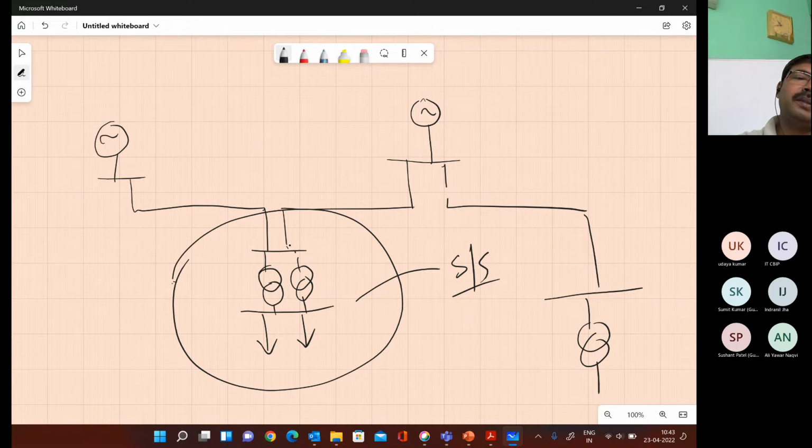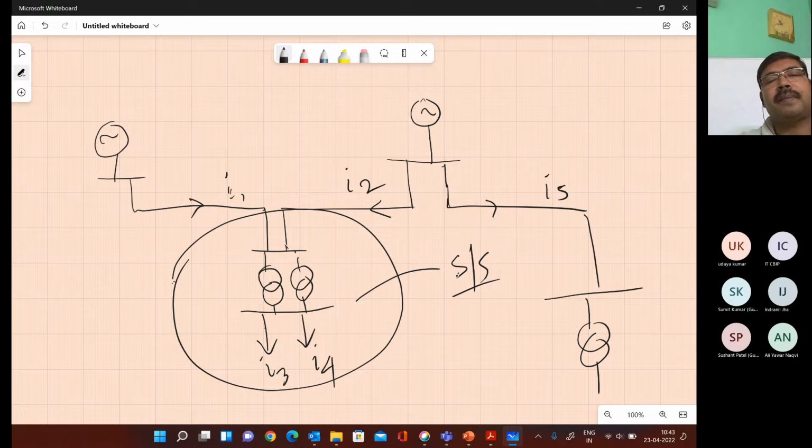So we are talking about this. Some current will come here, I1, this is I2, let us say this is I3, this is I4, and some current will go here, I5.